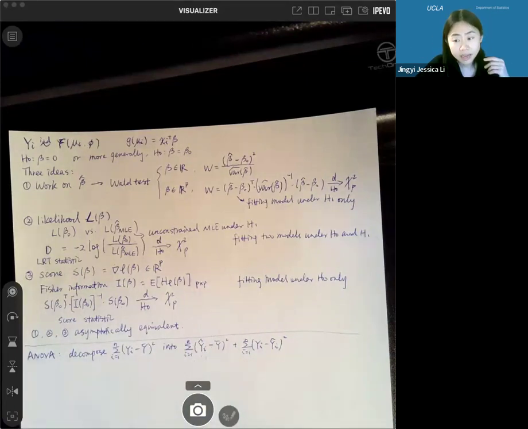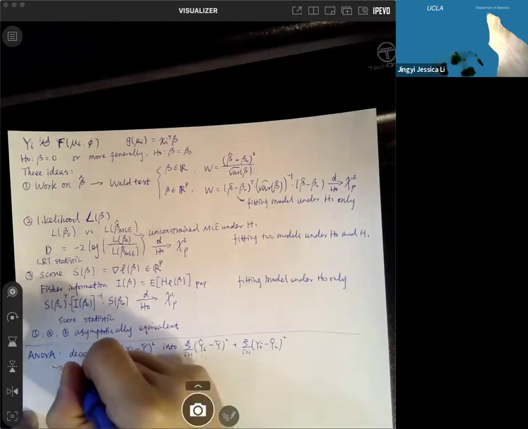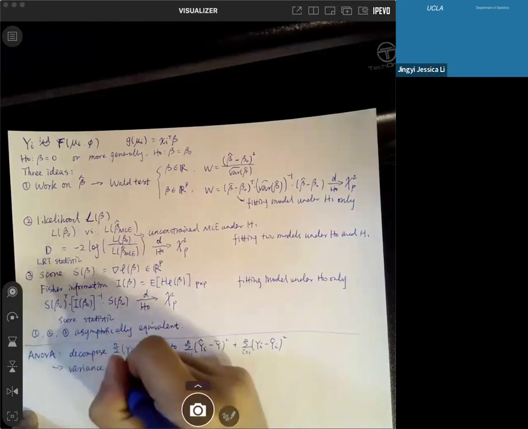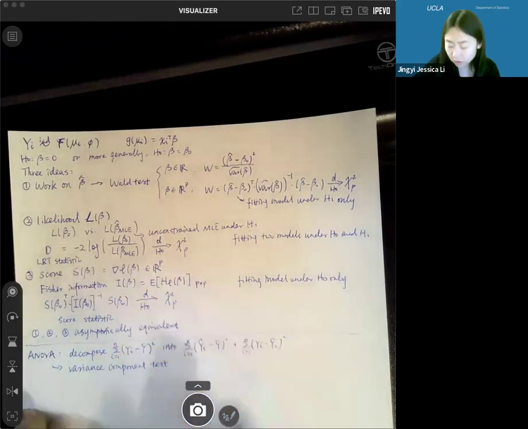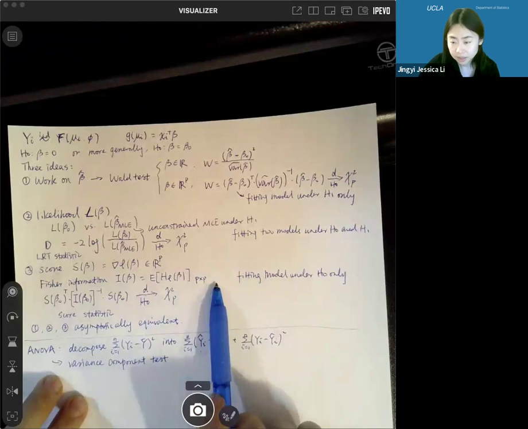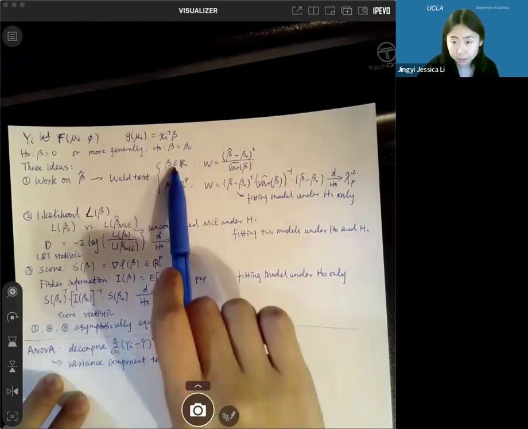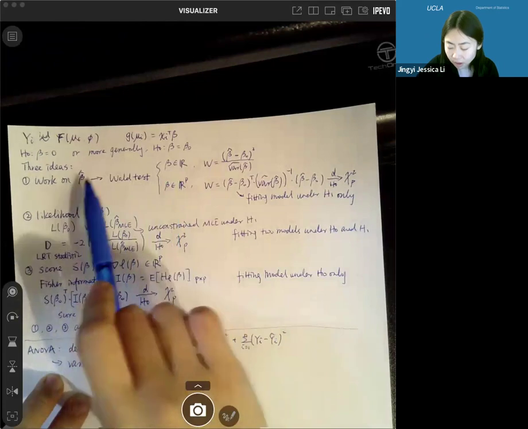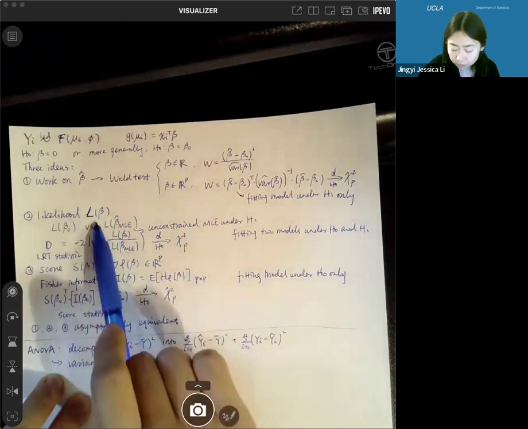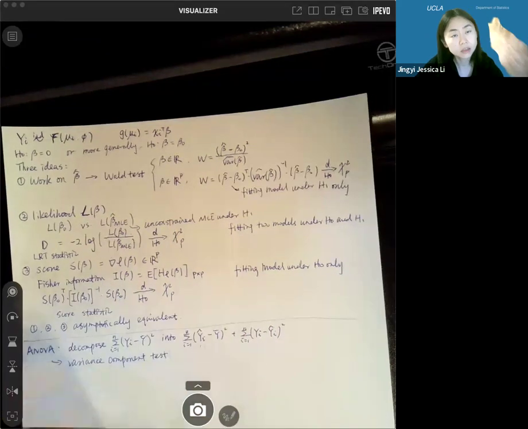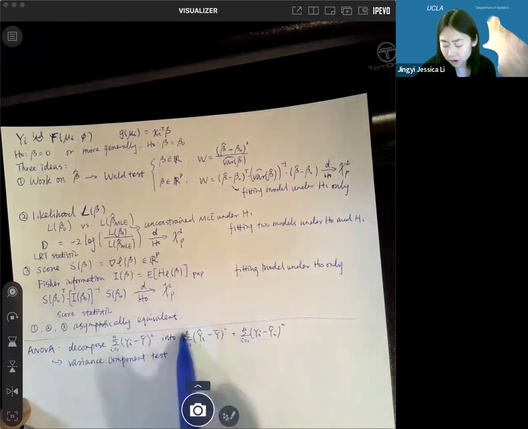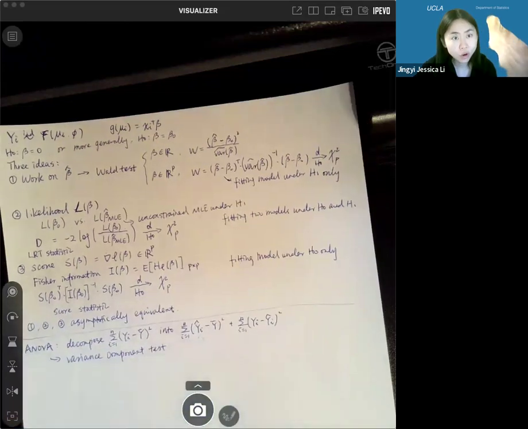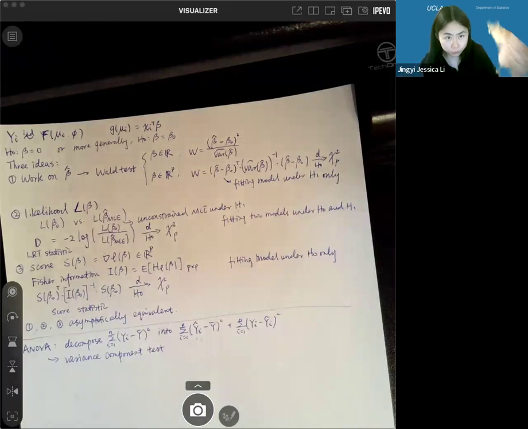But this ANOVA idea can be generalized into what is called the variance component test. This is orthogonal to what we cover here, because it's not specifically focusing on beta per se. Here we have the estimator for beta, likelihood for beta, score for beta, so we concentrate on beta. But when we talk about variance decomposition, we focus on the variance explained by the model. It's more general, not specific to the form of beta.